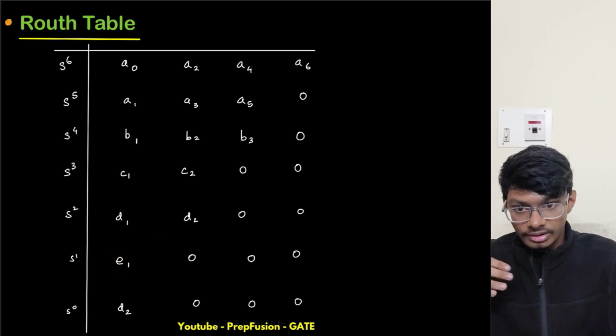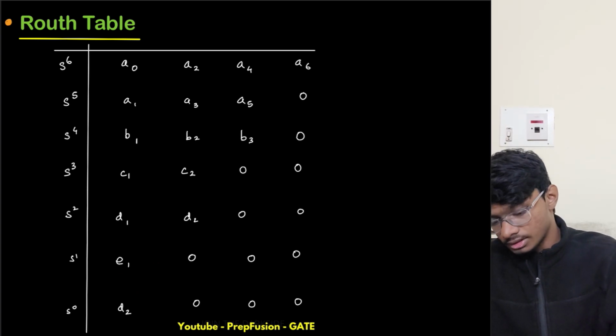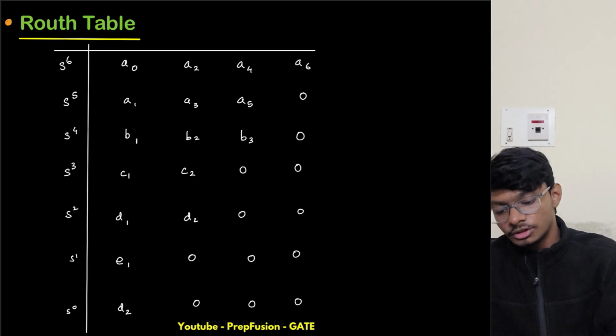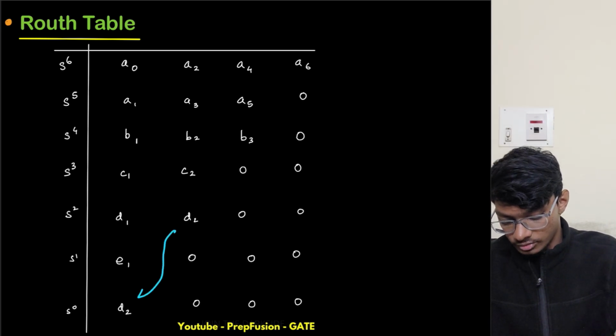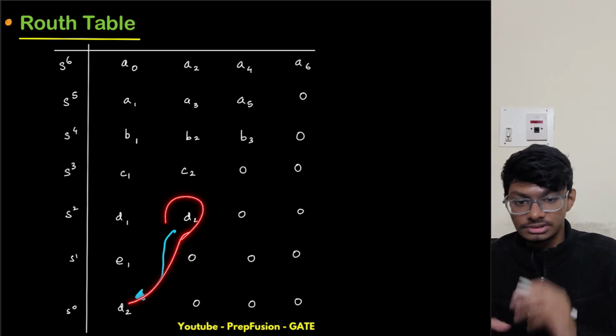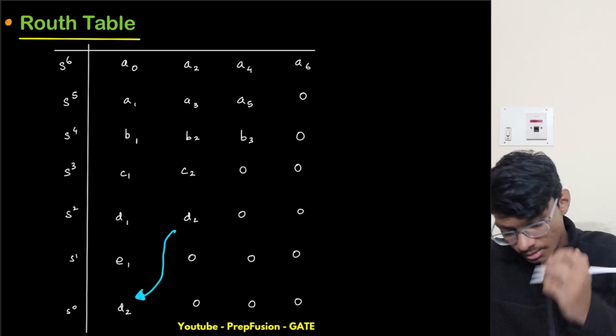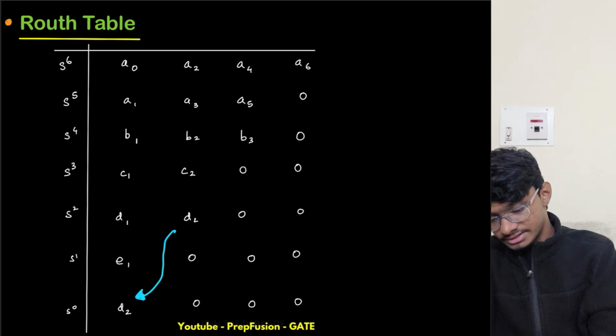So e1 into d2 divided by e1, so it becomes d2 only, so I get d2 here only. So that is the trick basically. You don't need to compute this one, even though if you want to compute, you can always compute, but if you don't compute, you can directly place this d2 over here. This is a shortcut basically. Okay, so I will write this here.